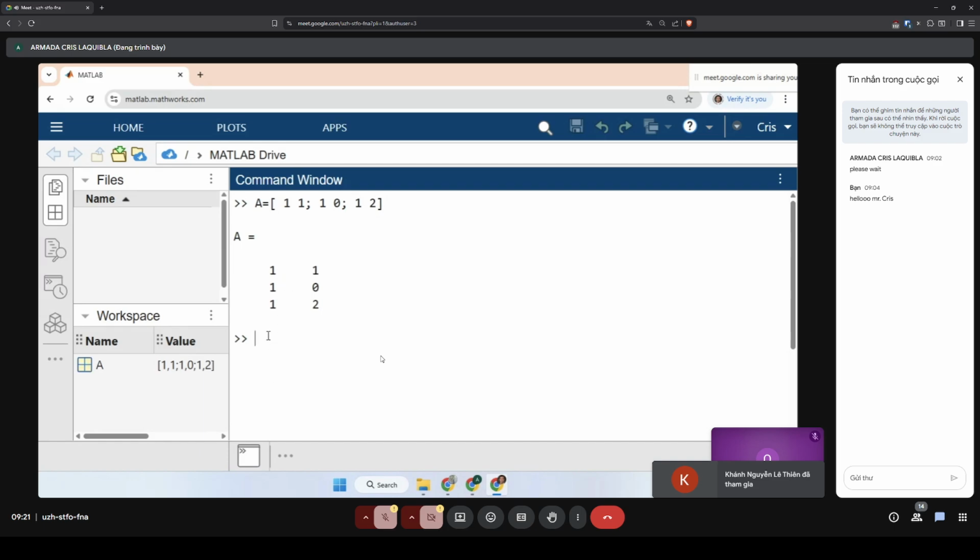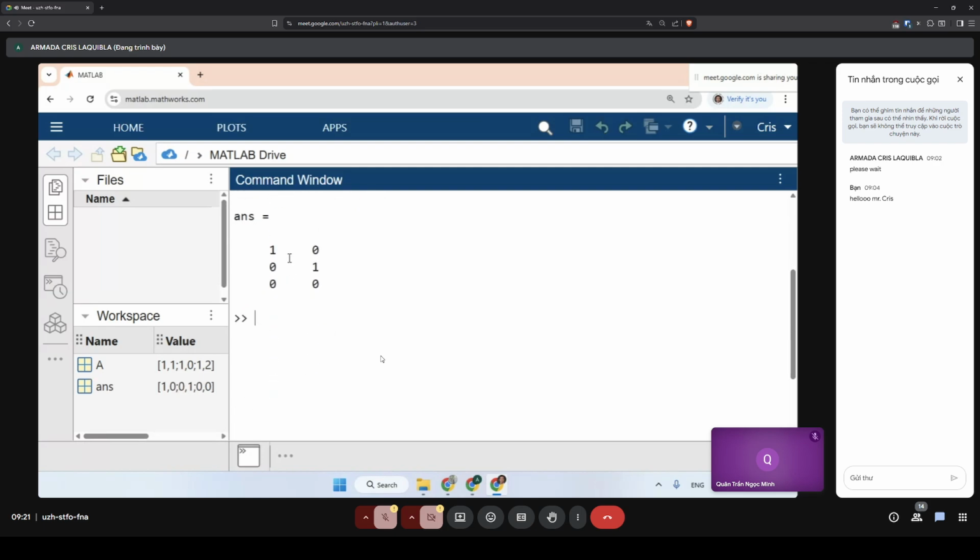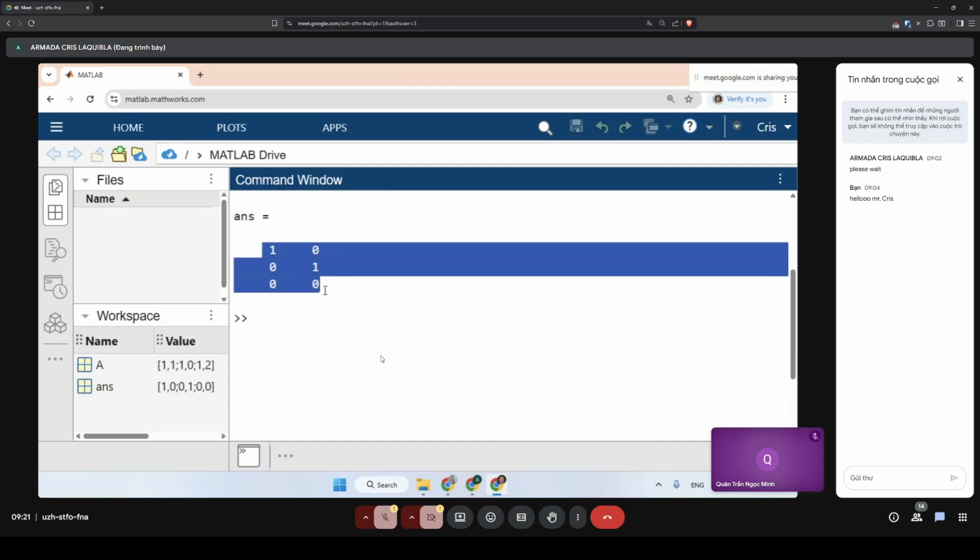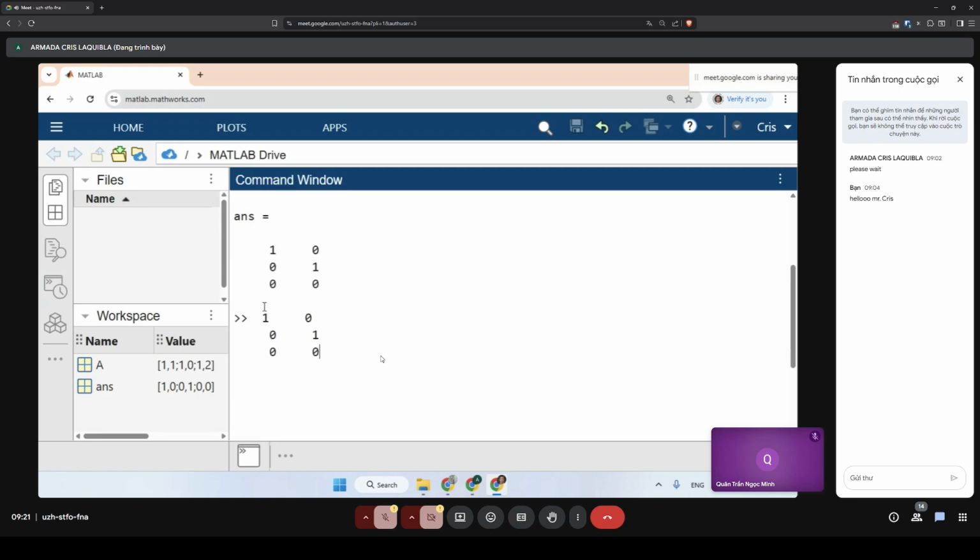This is your A. Now if you want to get the rank, it's easier if you have the RREF of your A. This is the reduced row echelon form of your A, equal to this. As you can see, you have there two leading ones only, one here. So the rank is 2.